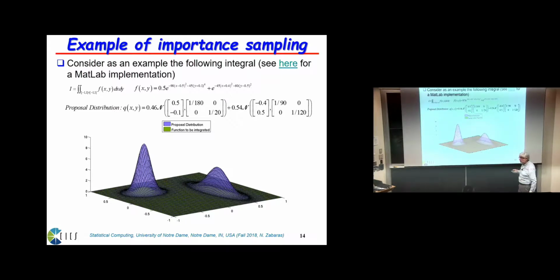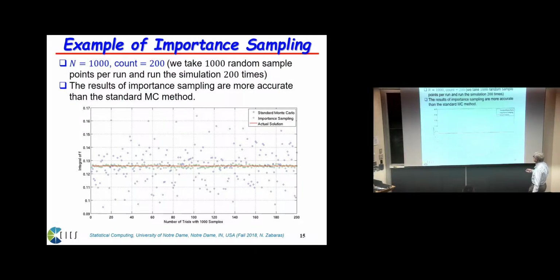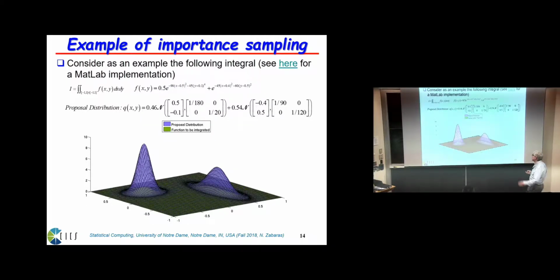You make it look like an expectation, so you put a uniform distribution on this square domain, that's 1. Then you don't really sample from the uniform distribution, you sample from this Gaussian mixture, all right? And the result for this integral is that with about 1,000 samples, you hit the right answer, okay? So you can calculate integrals like that with stochastic methods.